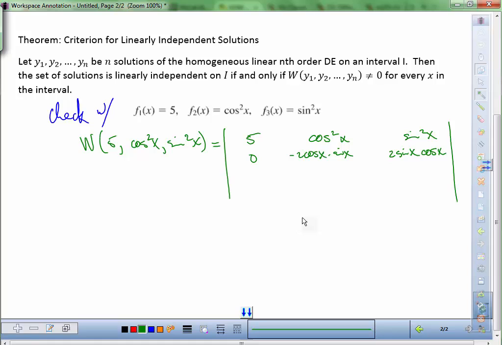The derivative of 0 is 0 again, and then the derivative of this looks like it might be a product rule. So let's see, derivative of the first, that's 2 sine x, times the second, sine x, plus the first, negative 2 cosine x, times the derivative of the second, positive cosine x.